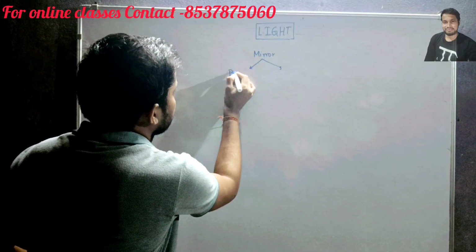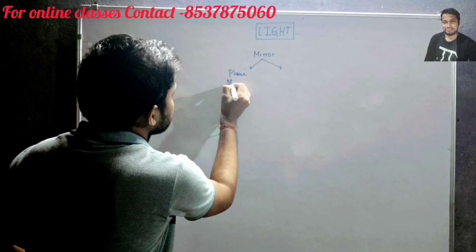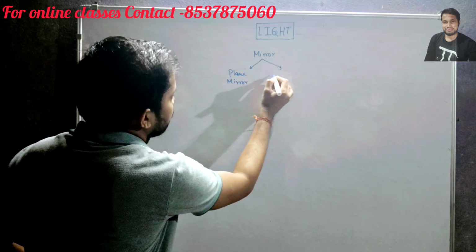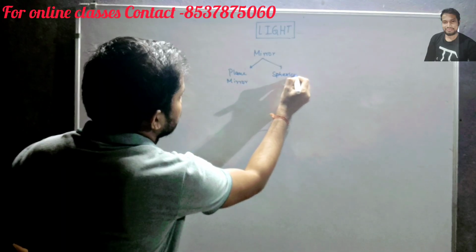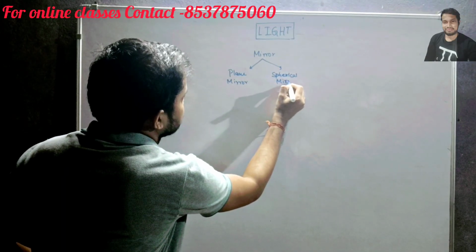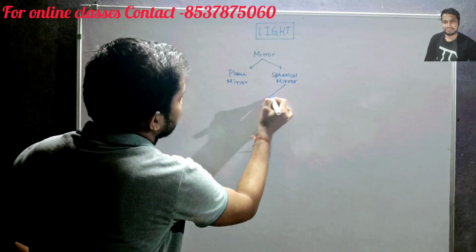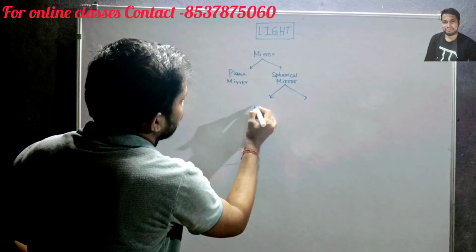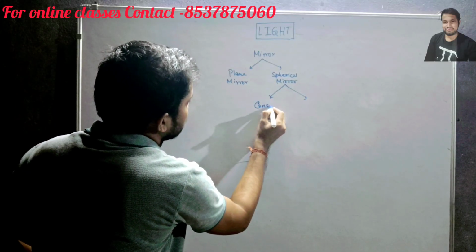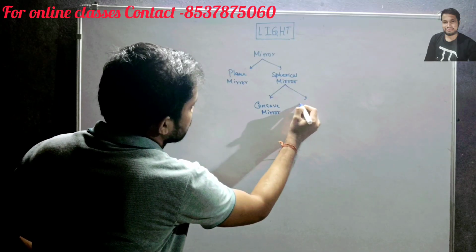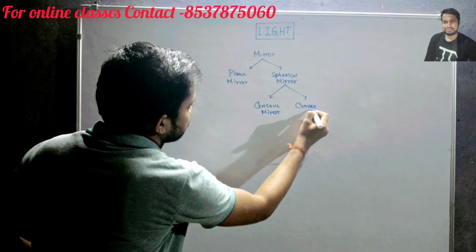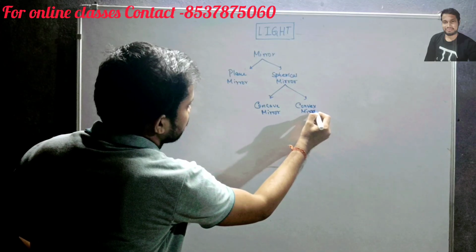One is plane mirror and another one is spherical mirror. Spherical mirror has two types: one is concave mirror, another one is convex mirror.